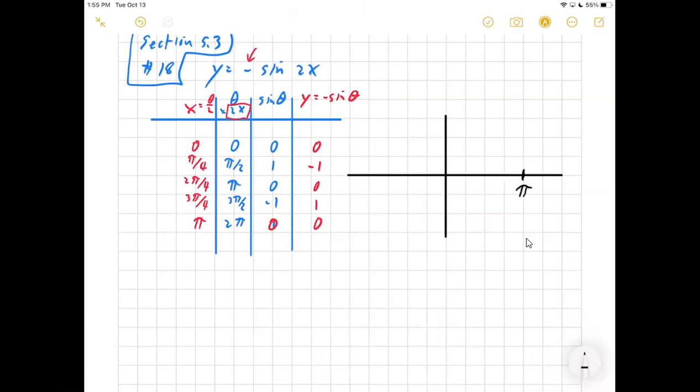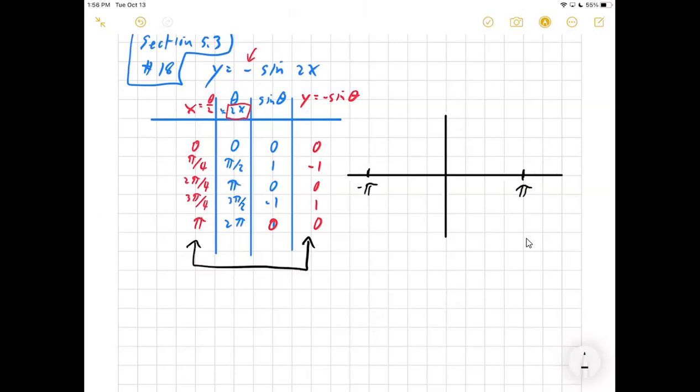Negative pi will be 1, 2, 3, 4 units the other way. So what I need to plot are the x coordinates versus the y coordinates. My new x coordinates are 0, pi over 4, 2 pi over 4, 3 pi over 4, and pi, and then my y coordinates are on the far right. So that's what I will graph.